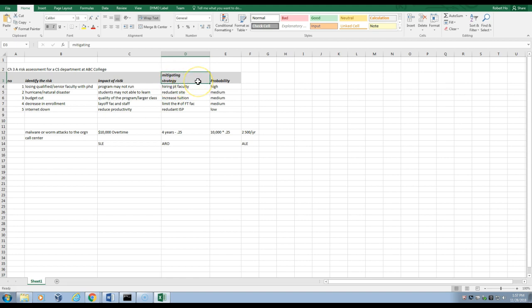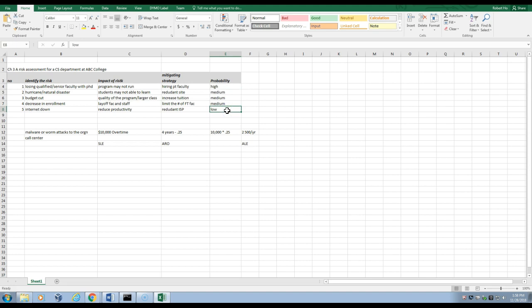What kind of mitigation strategy does the organization need to take? And the last one is the probability. What's the probability of occurrence of the identified risk? Whether it is high, medium, or low.